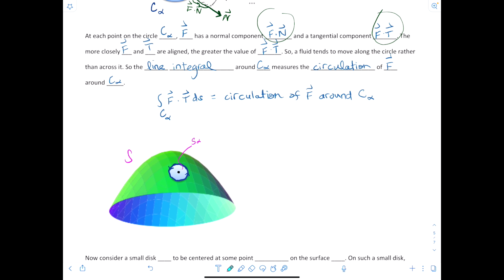So your curl of F maybe is something like this. And then your normal vector is maybe something like this. Cool? And you could have a bunch of these little tiny discs within the surface. Groovy?